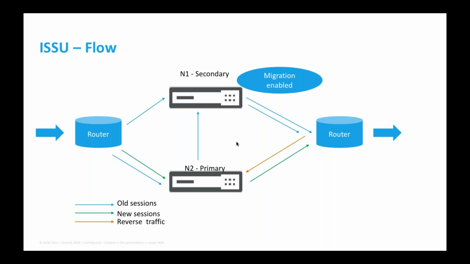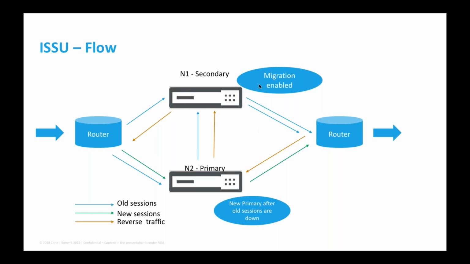Now we look at the reverse traffic. As I already mentioned, the router will only see the N2 device. The reverse traffic will definitely land on N2. N2 will steer the traffic to N1, which has processed this packet, and N1 will process it and then send it to the clients. So this is how we are handling the intermediate period where we have old sessions.